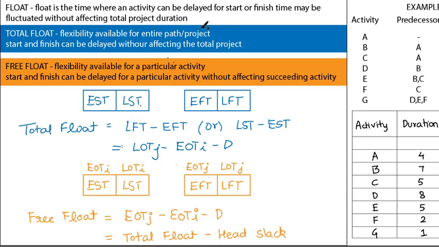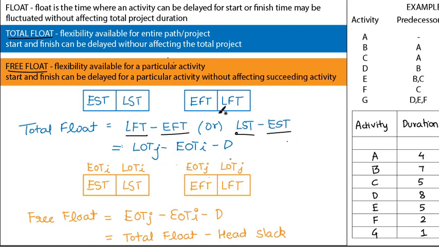So just note down these definitions and read them, you'll understand. Start and finish for a particular activity can be delayed without affecting the succeeding activity, that is free float for a particular activity, and for the total path it is called total float. In total float, the formula is latest finish time minus earliest finish time, or latest start time minus earliest start time.